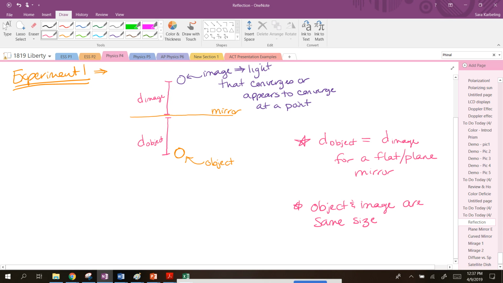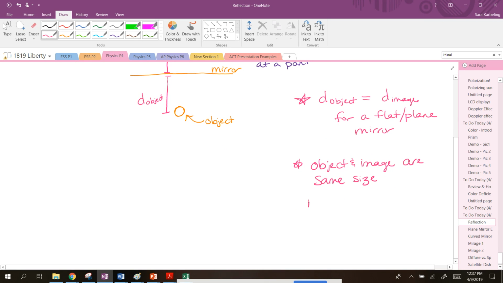And the technical physics term for that is that the magnification is equal to 1. We will talk a little bit about different kinds of mirrors. So flat mirrors always have a magnification equal to 1. If you ever walked around in one of those funhouse mirror areas, the hall of mirrors, where they've got the curvy mirrors, right?